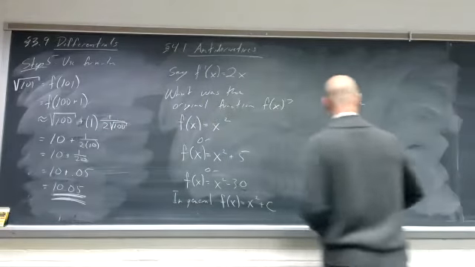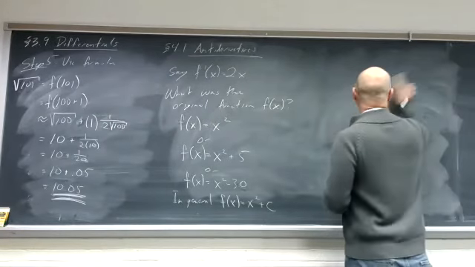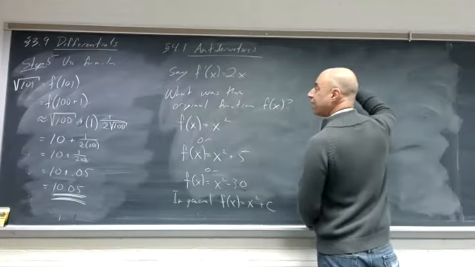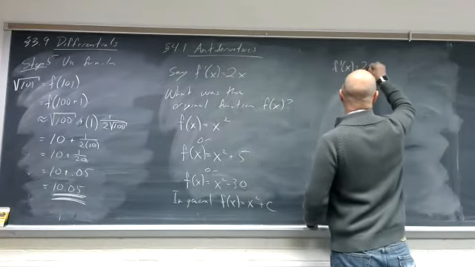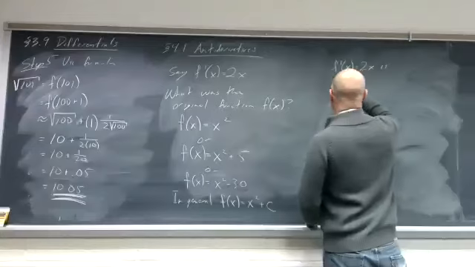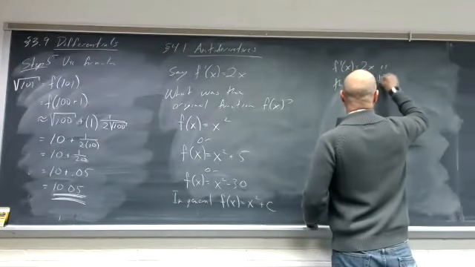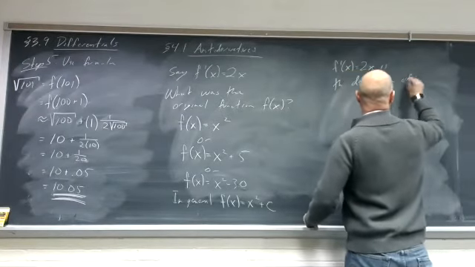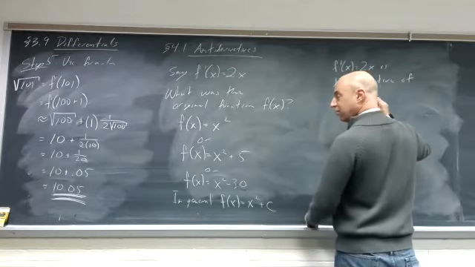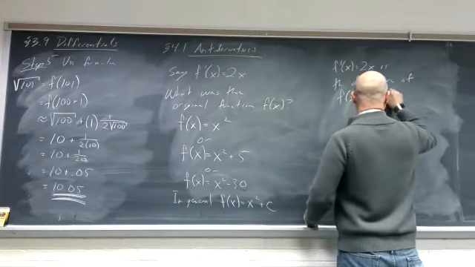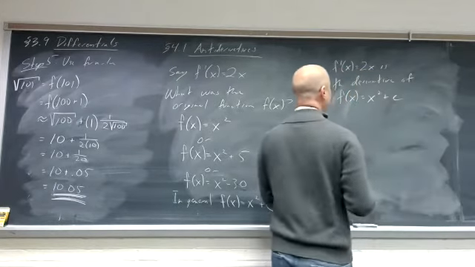So f prime of x equals 2x is the derivative of x squared plus any number.